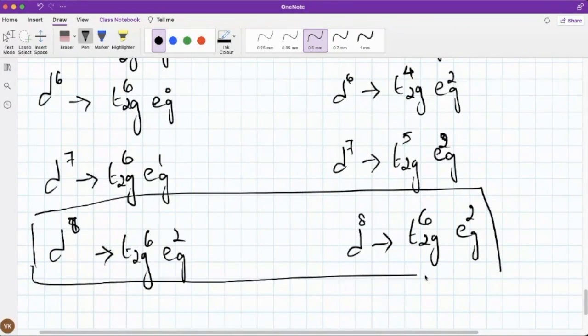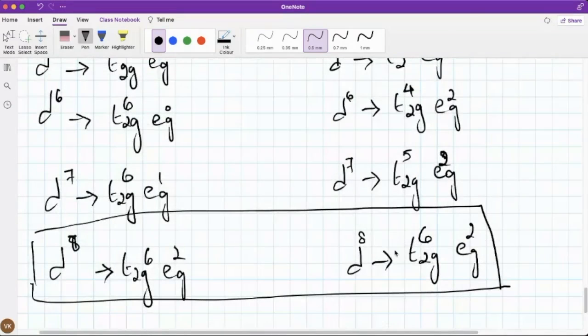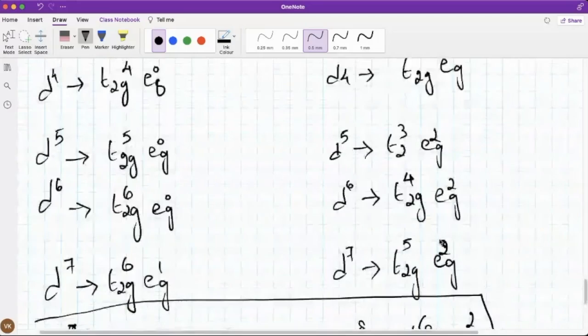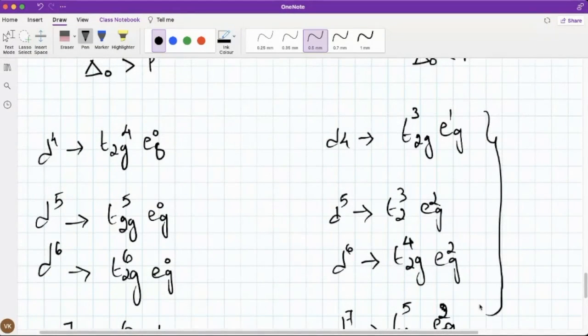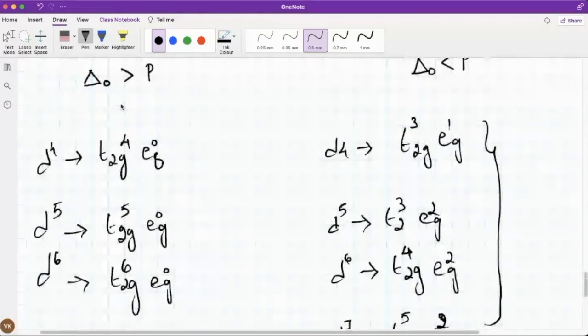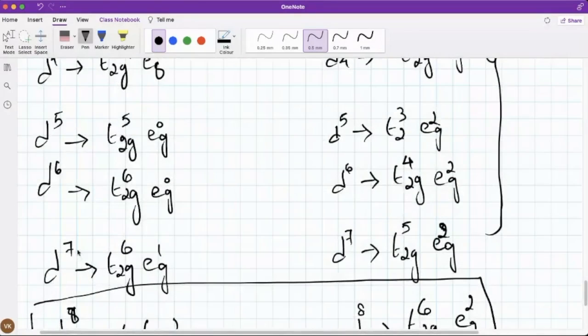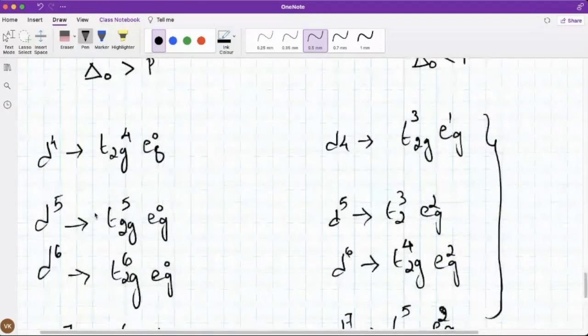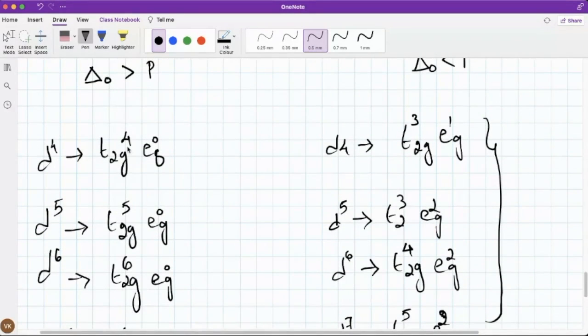Now if you see here in D2, it doesn't matter whether the delta naught is high or low, the configuration is the same. For D8, the configuration is the same. It only matters whether delta naught is greater than P or less than P between D4 to D7. If the delta naught is higher, the electron will get paired.